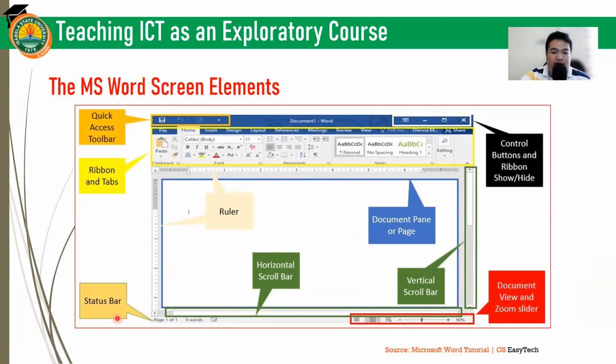We also have the status bar, and of course, the horizontal scroll bar and the vertical scroll bar. Some of the basic parts also include the document view and a zoom slider, which are usually located on the lower right part of our screen.